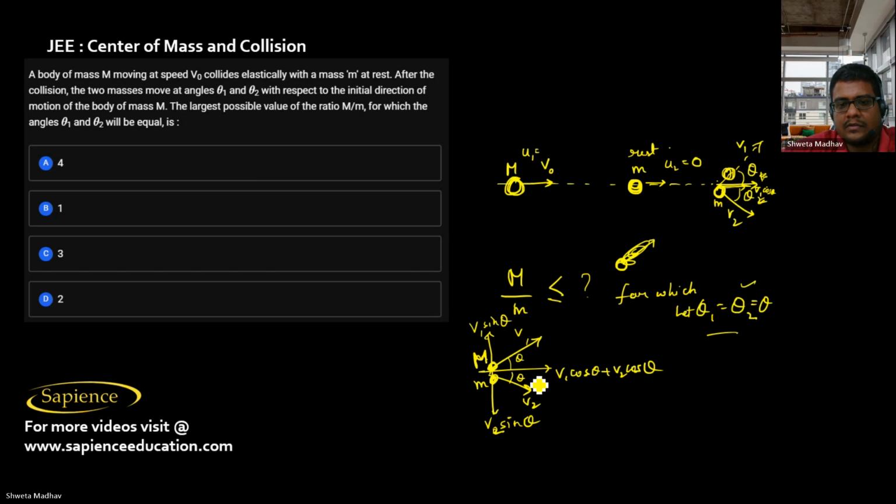Along the y direction the net momentum will be conserved, and along the x-axis also the net momentum of the system will be conserved.